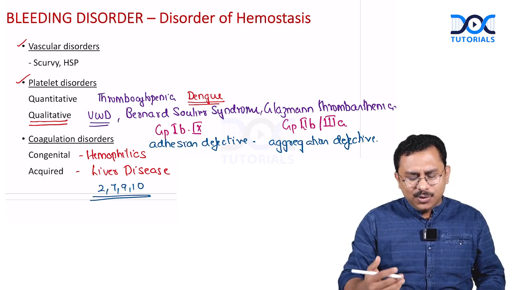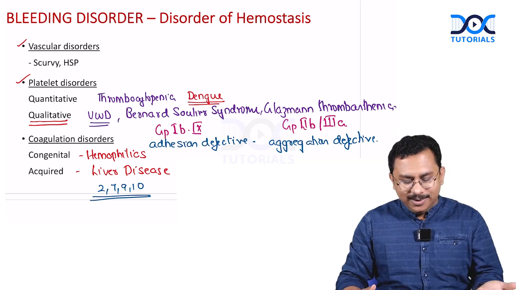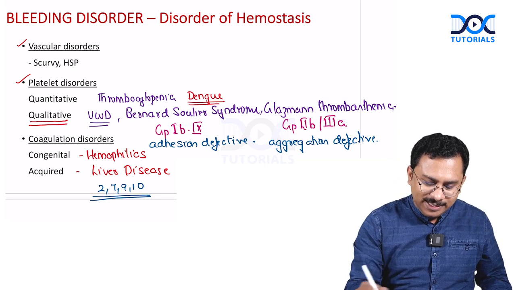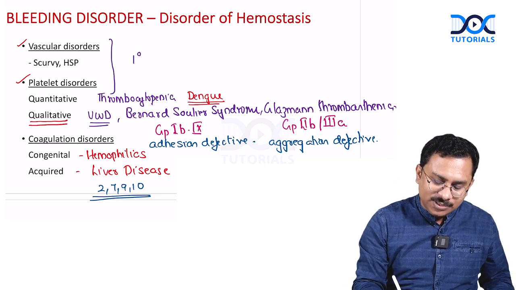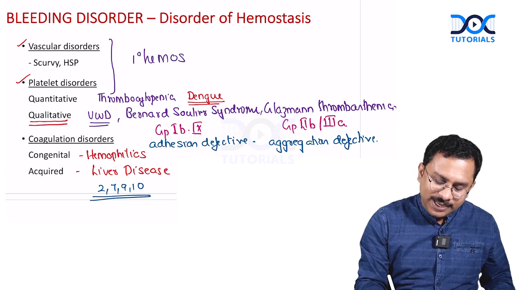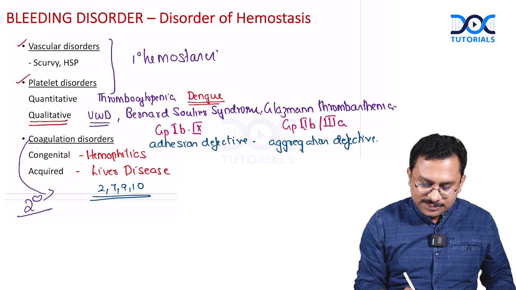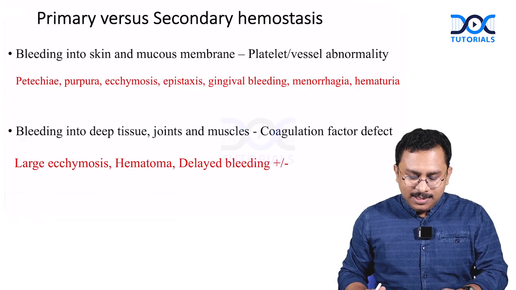Also, acquired coagulation disorder can be because of certain drugs, anticoagulants, which can produce coagulation defects. So basically the first two, vascular disorders and platelet disorders, are disorders of primary hemostasis, whereas the coagulation disorders are disorders of secondary hemostasis. Primary versus secondary.